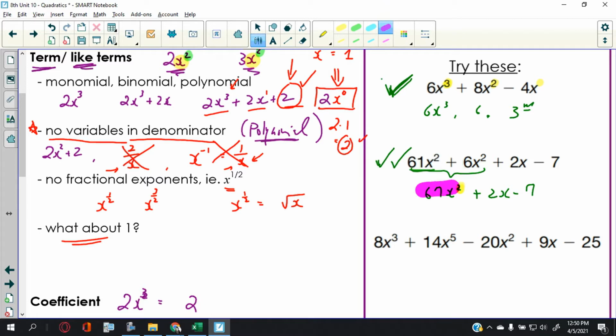Yep, 67x squared. What's the leading coefficient? 67. What's the degree? Second degree. Is this linear, exponential, or quadratic? Yeah, quadratic function. Okay, so I'll leave this for the last thing to do in class and then some practice.